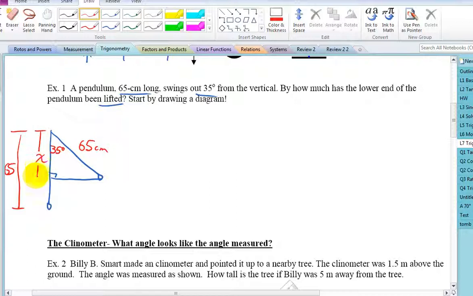So what we're going to do is find x, and then use x to find y.